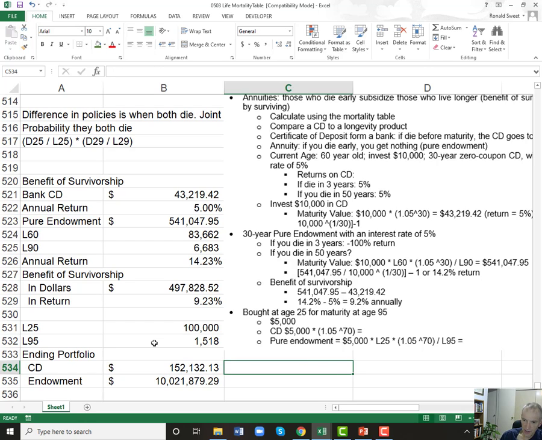If you look at the return, we already know what this one is: 152,000 divided by $5,000, raised to the 1 divided by 70, minus 1. Obviously, that's going to be 5%. We do that for the endowment. It's 11.74%.